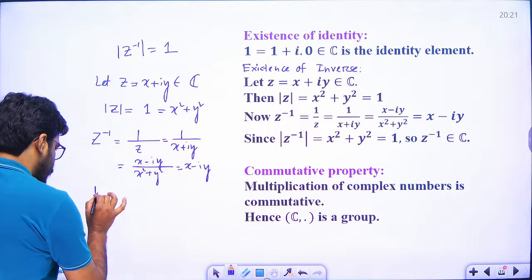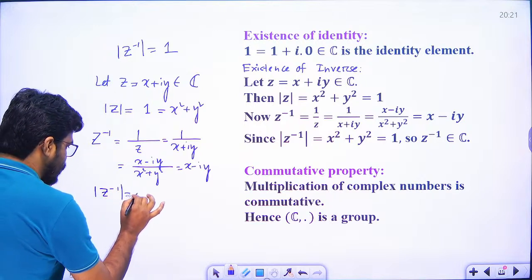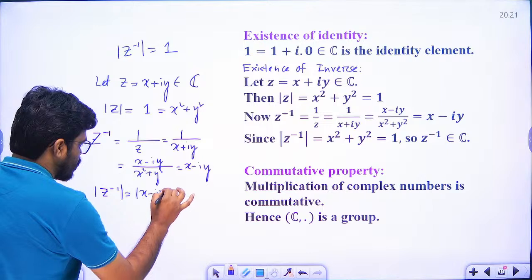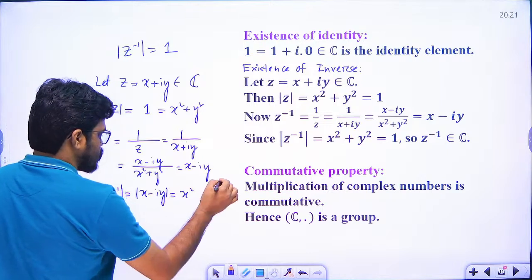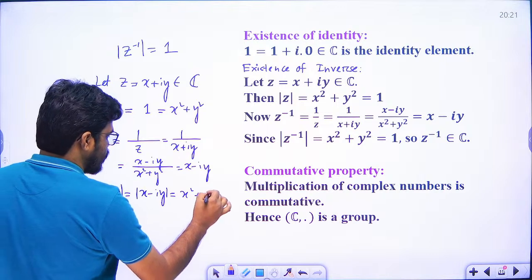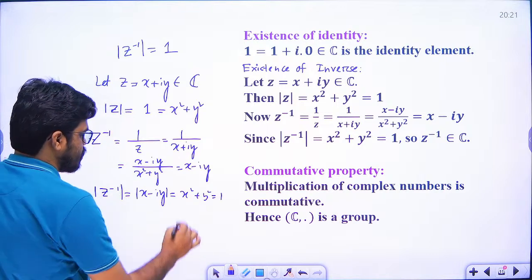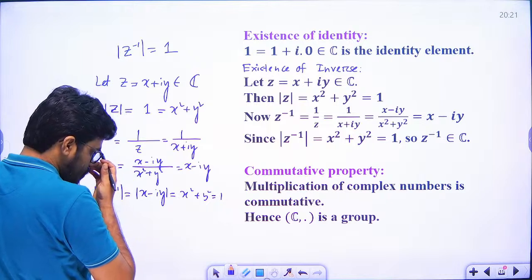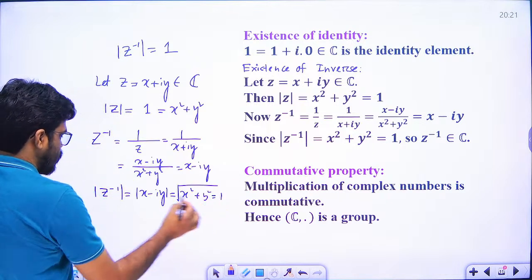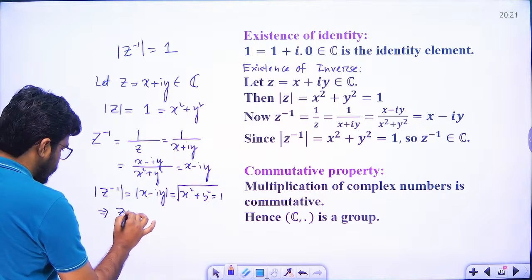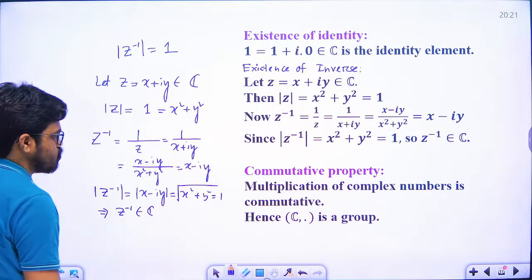So if we take the modulus of x minus iy, it will be the square root of x square plus y square, which is 1. So ultimately 1. From this we conclude that Z inverse belongs to C.